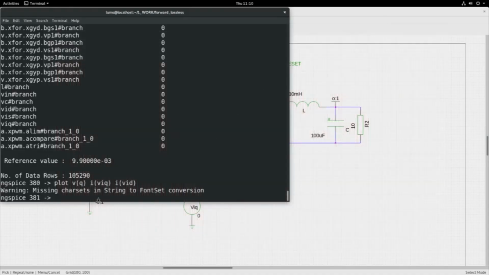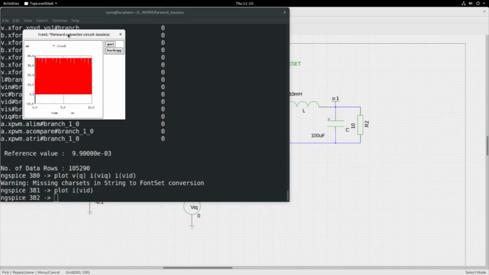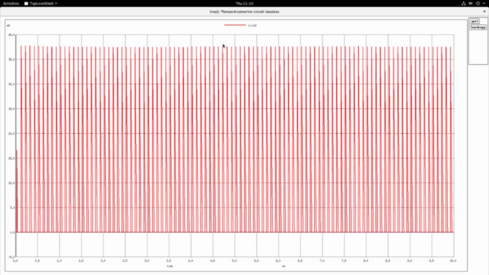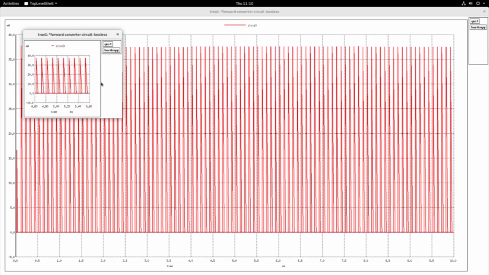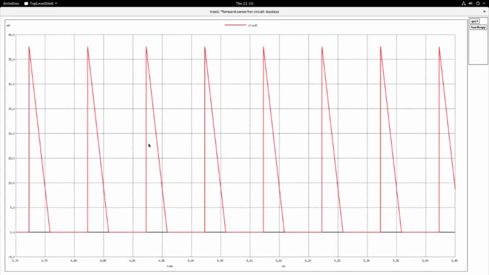So what I will do, I will just plot IVID. This is the demagnetizing current. So you will see that this is a sequence of falling linear triangular waveforms.